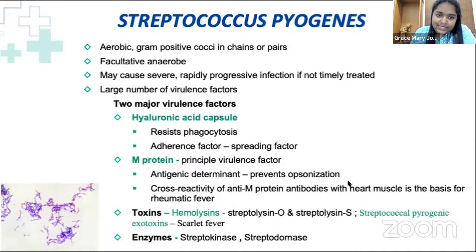And the streptodornase is something that acts against the DNA. So it helps in breaking down the DNA and it helps in liquefying the thick pus. Okay, so these are the two enzymes that this organism possesses.